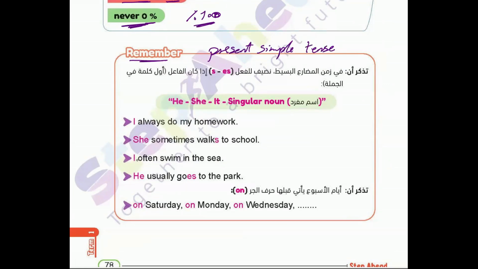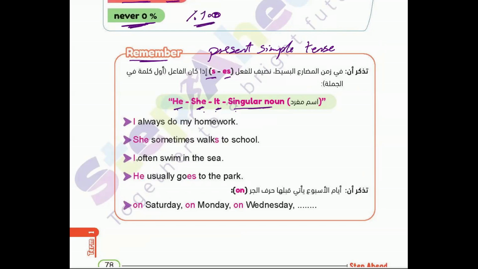We have here just one information to remind you about using present simple tense with he, she, it as pronouns or singular noun. Okay, so if one of these is the subject of the sentence, I should use the verb with s or es.